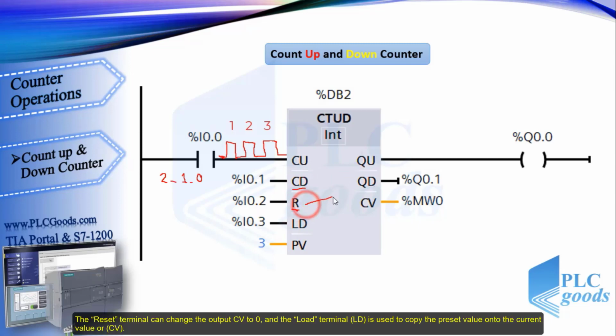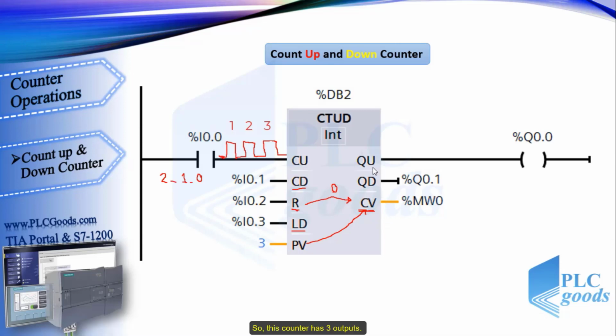The reset terminal can change the output CV to 0 and the load terminal or LD is used to copy the preset value onto the current value or CV. So this counter has three outputs.